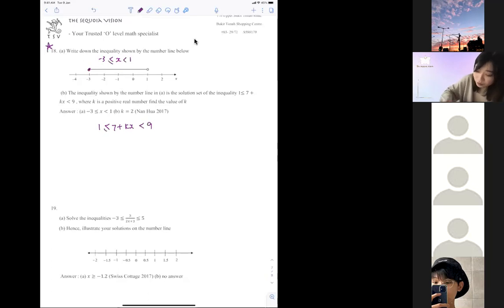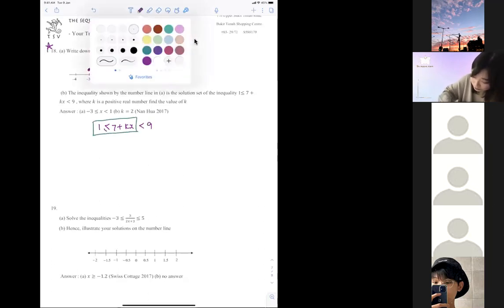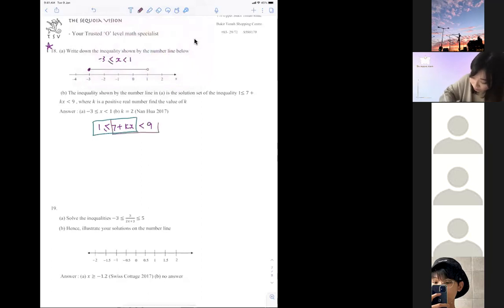So same thing, you need to find K, but in order to do that, we draw our 2 brackets, the first bracket and our second bracket. Then we try to solve. The first bracket is here. The second bracket is here. Now we try to solve.